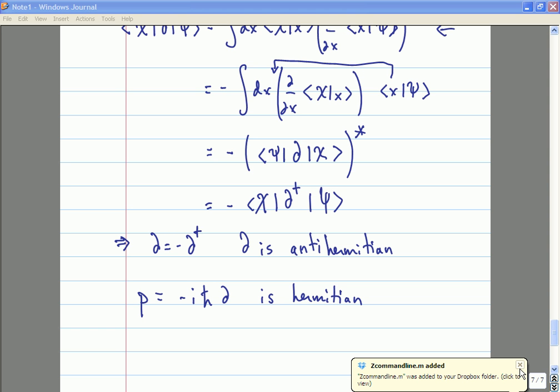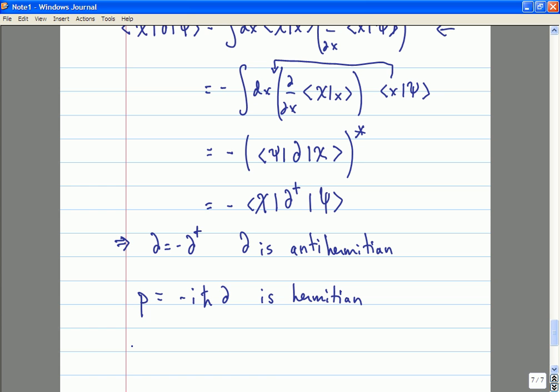So if you want a nice little exercise, write the operator p as an infinite by infinite matrix in the x basis. You know how to compute its matrix elements.